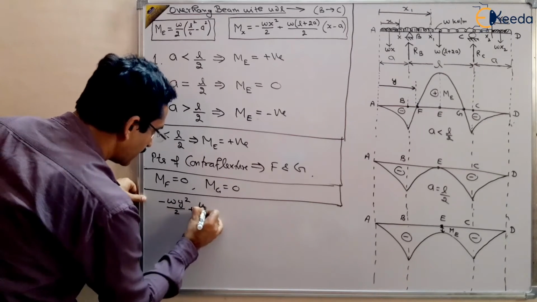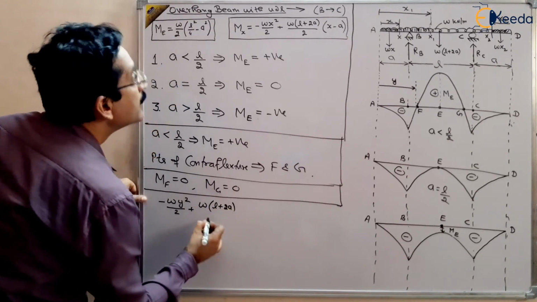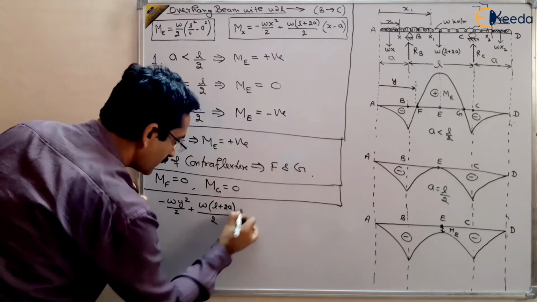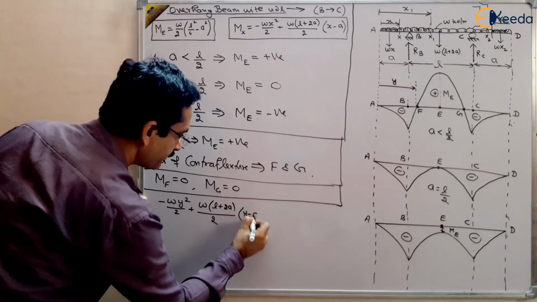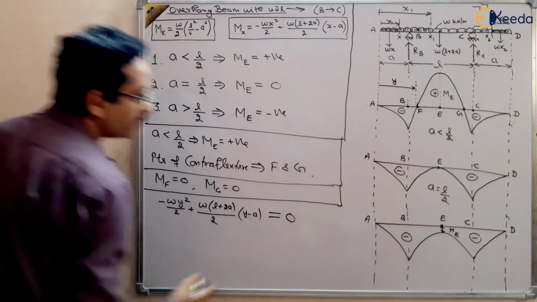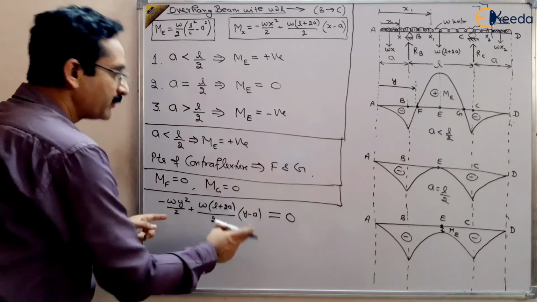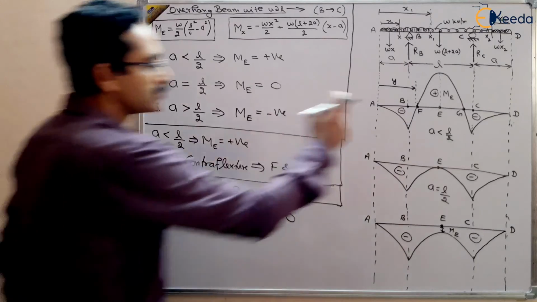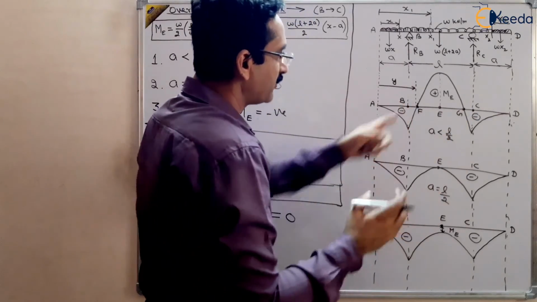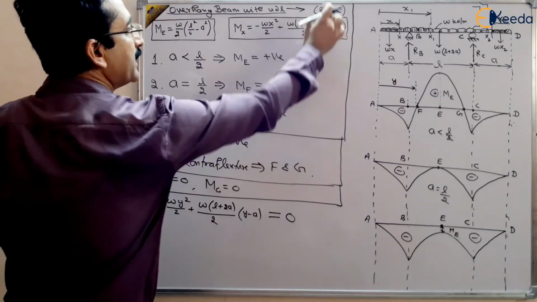plus w(L plus 2a)/2 times (y minus a). This is a quadratic equation, and that is equal to 0 at points F and G, right? This equation was valid between B and C. Because these 2 points are lying between B and C, that's why I have taken this equation of B and C, right?